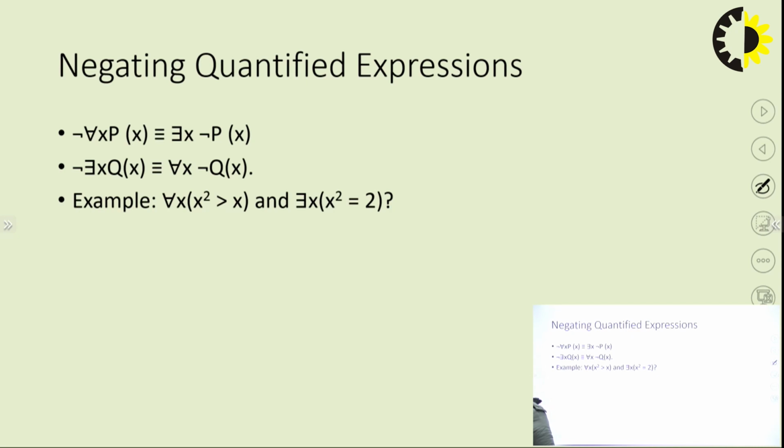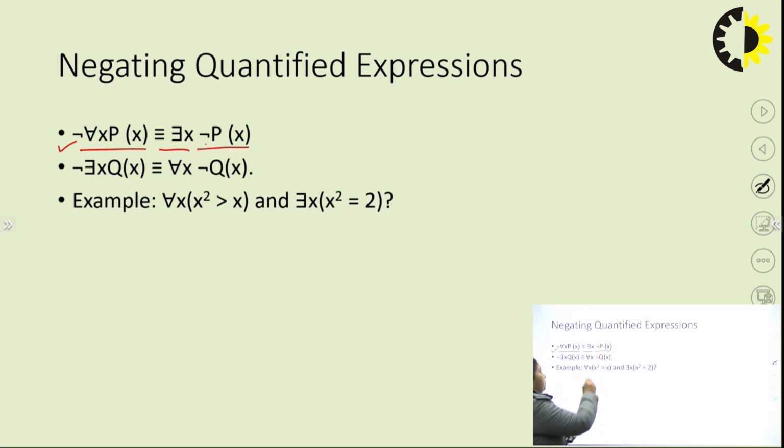So, what is negation of for all x Px? For all x Px means the predicate Px is true for all the values of x. Now, I am saying the negation of this. So, negation will be true when we get one counter example. It means there exists x for which Px is false.